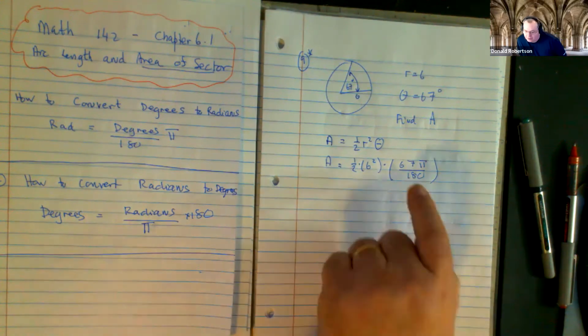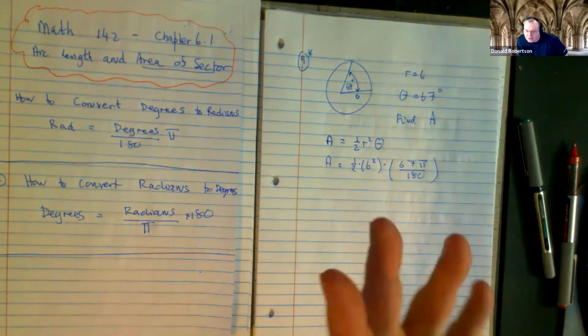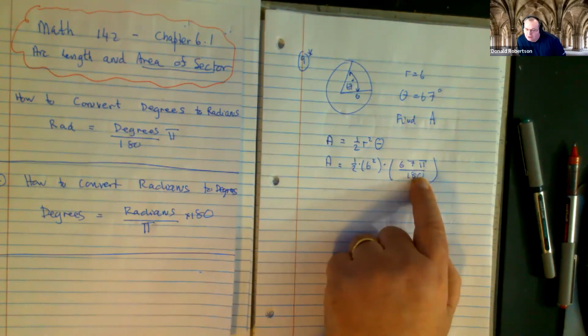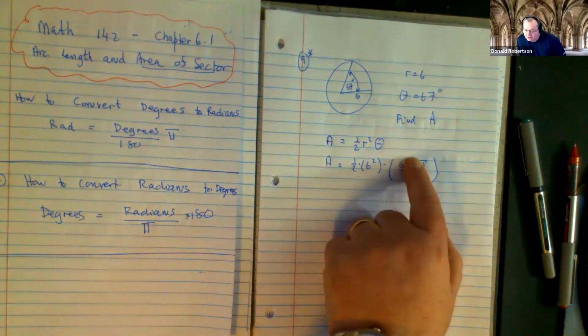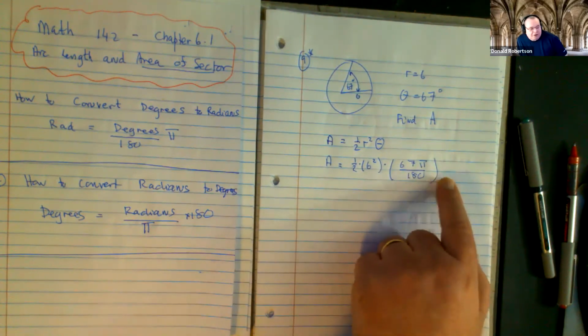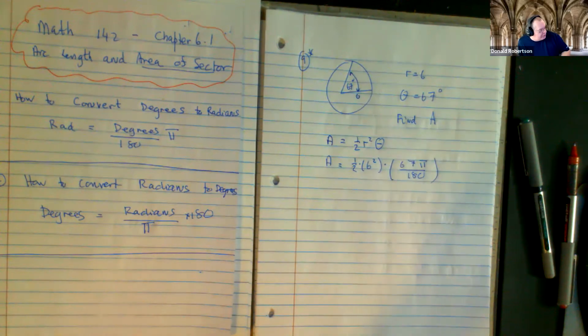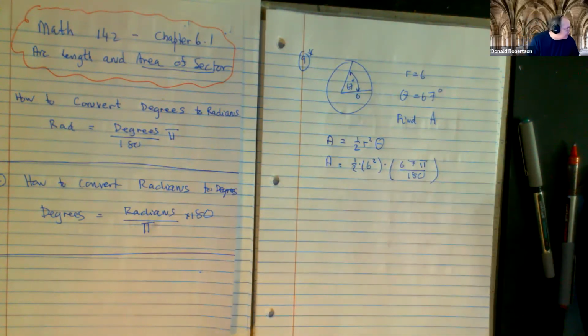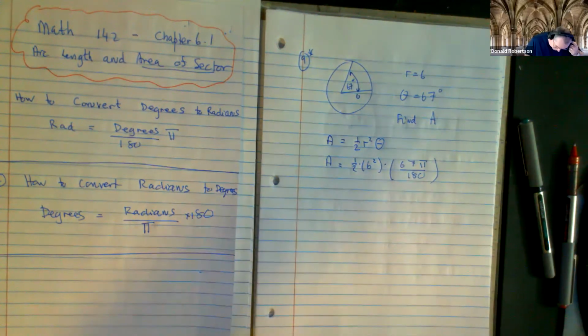Now, you can do it this way. I've just decided to show you in another format. You can do it this way, or you can find out what it is as a decimal and write the decimal here. Your answer is going to be given to whatever accuracy. Do they ask you for any particular accuracy? Oh, I'm glad I looked.